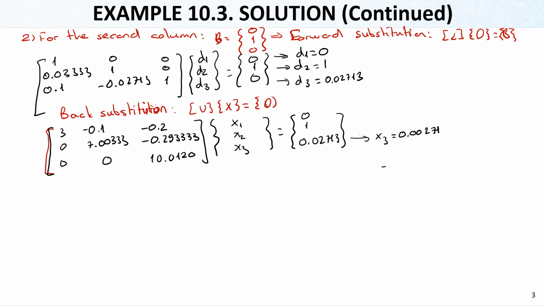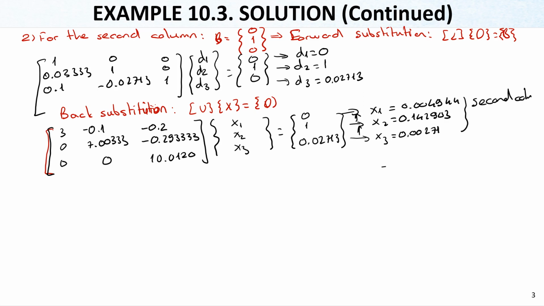Then move it to the top. From here, x2 is 0.142903. You can do the calculations. And from the first equation, x1 is equivalent to 0.004944. Okay, these are the second row or second column.